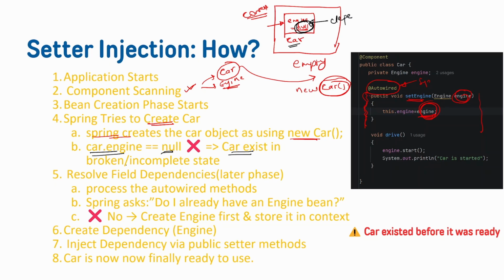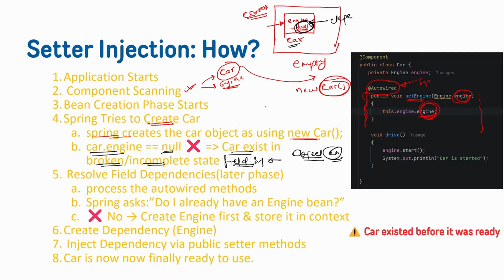Car exists in a broken or incomplete state, as it was in the field injection. In this also the object can be created without the dependencies, and there is an object existing in a broken or incomplete state.